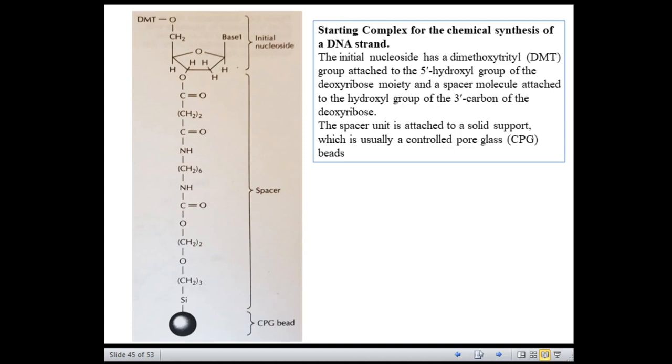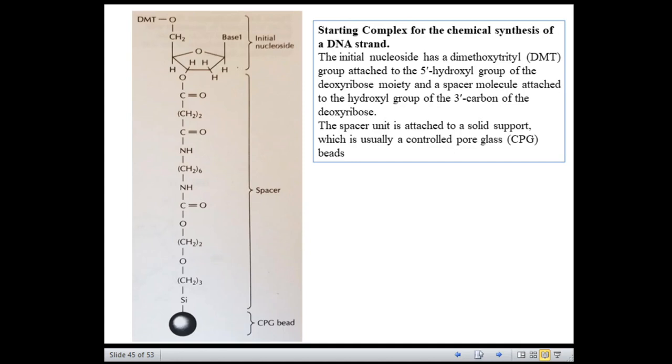Now this first base will be the 3' terminal nucleotide of the strand that is being synthesized, and this base is attached to a solid support, that is CPG bead, through a spacer molecule via the 3' terminus of the first base.